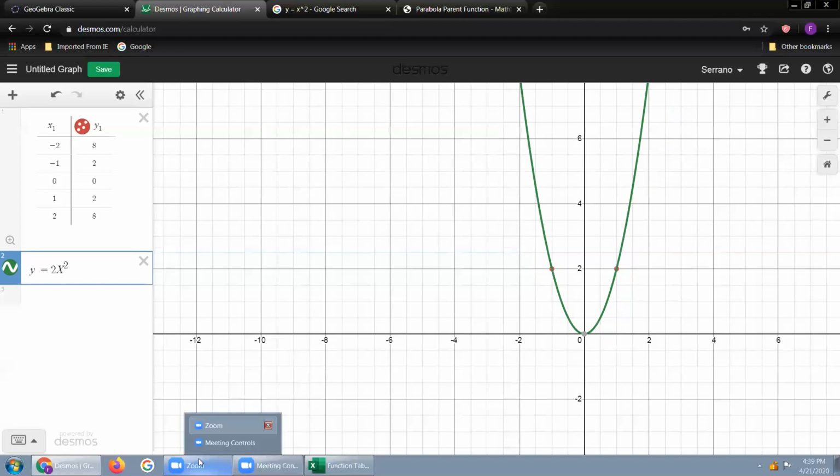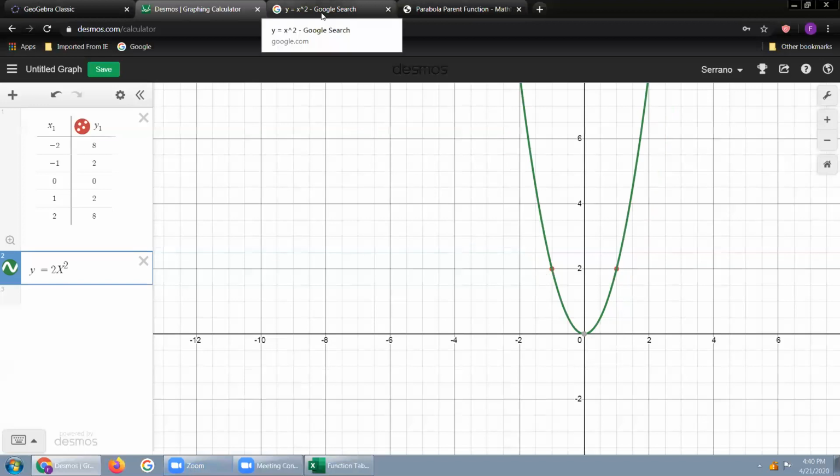So it was 2 times x to the second power, and you can see right there how it matches my points. So we had done it right. I don't want you to just know that it's a parabola, but what the points are that make up this equation.